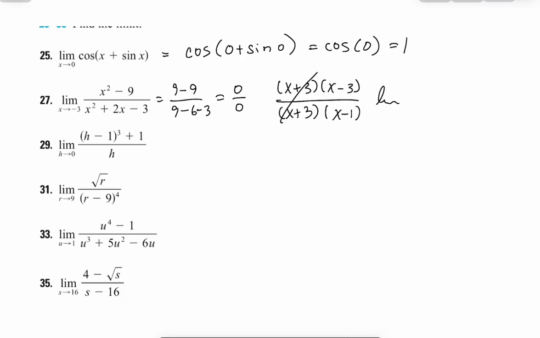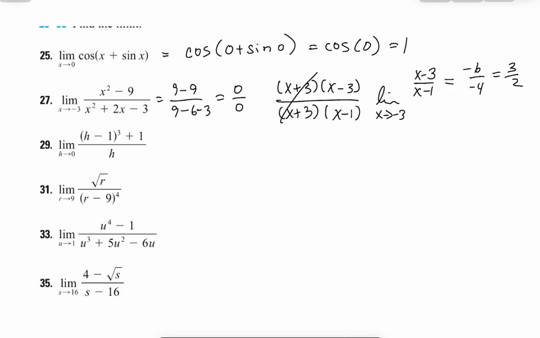We would use the x approaches -3 on this reduced function. And so we just plug in -3 now. We get to use direct substitution again. And that's always the technique you try anyway. If you plug in -3, you get -6 over -4 or 3/2. Bam, we're done.